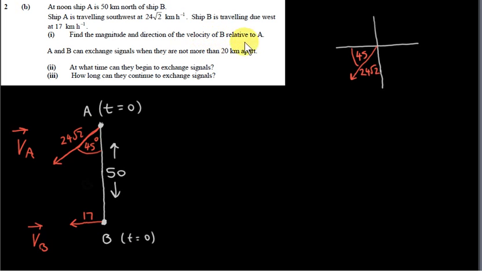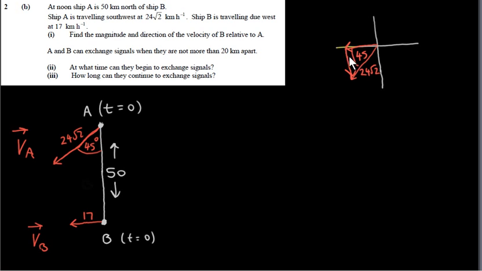To get the velocity of B relative to A, we're going to write VA and VB in terms of I and J basis vectors. So I'm showing VA over here in the IJ plane. We want its I and J components. You can see that its I component is going to be negative. It's a vector pointing in the negative I direction. Its J component is also negative.